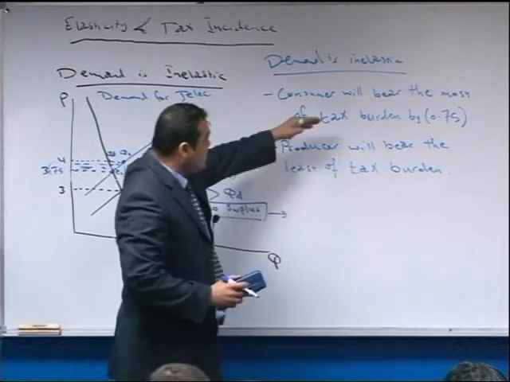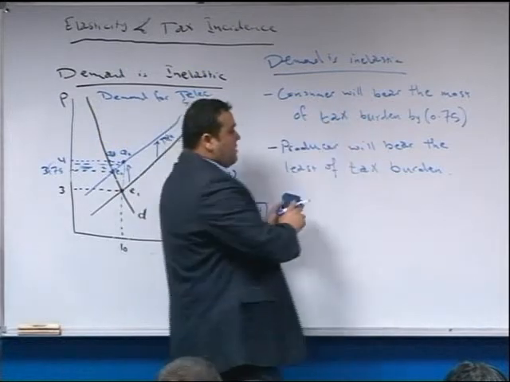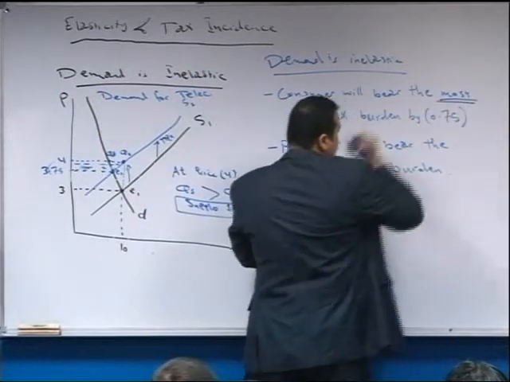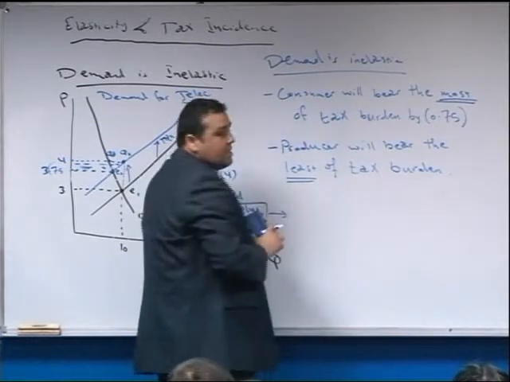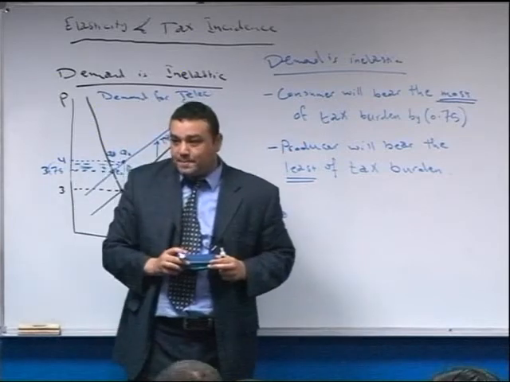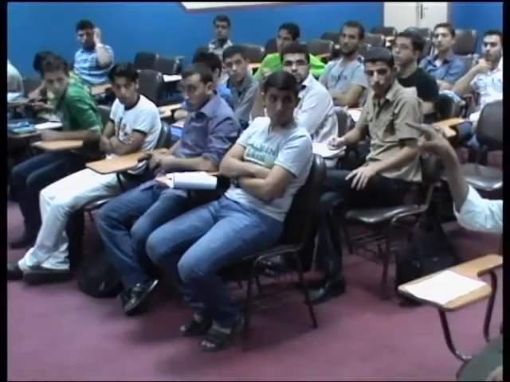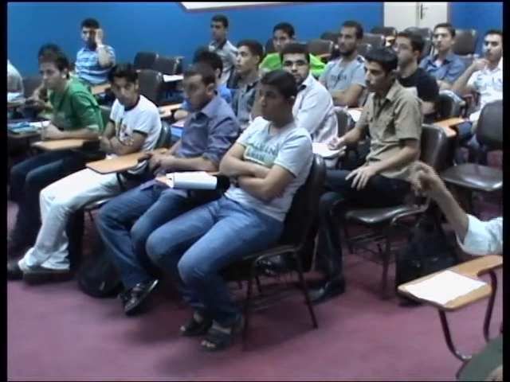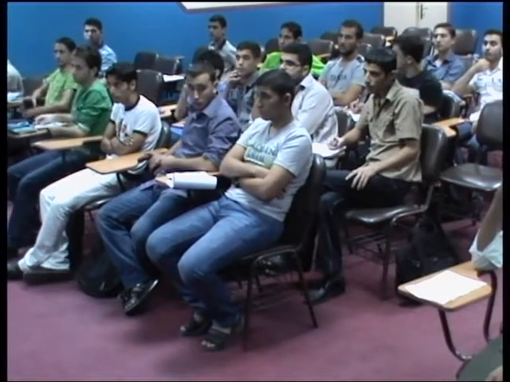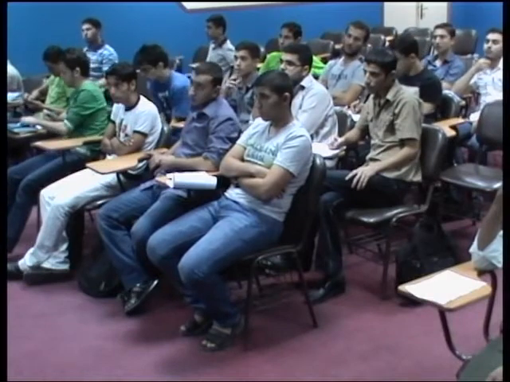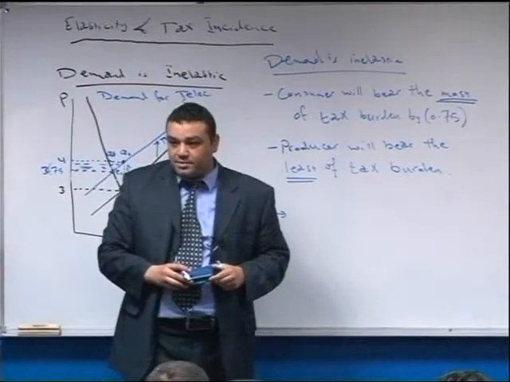So the consumer will bear the most of the tax burden when demand is inelastic, right? And the producer will bear the least, right? Yes. I will come back to this point, okay? I'm coming to this point later.